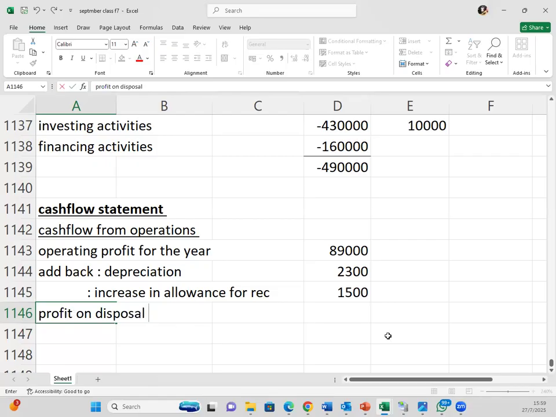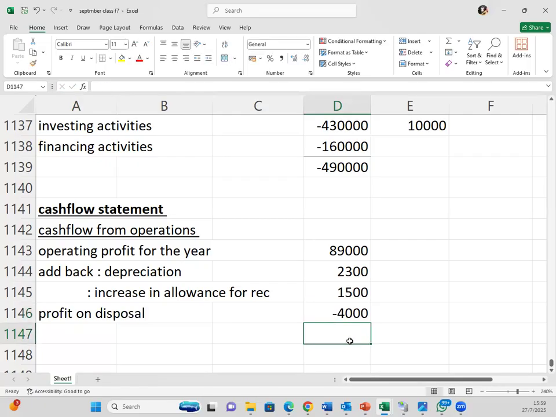If you sell an asset and there is a profit on disposal, that's an imaginary profit. It's not cash that has been received by the business. So you can't add it to the profit because it's not money that we have received. If we are dealing with cash flows, we are tracing the movement of money.